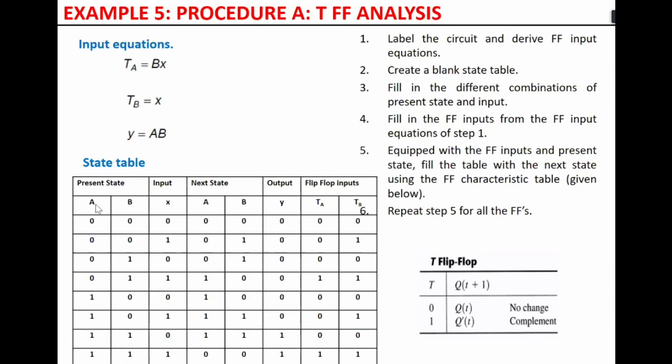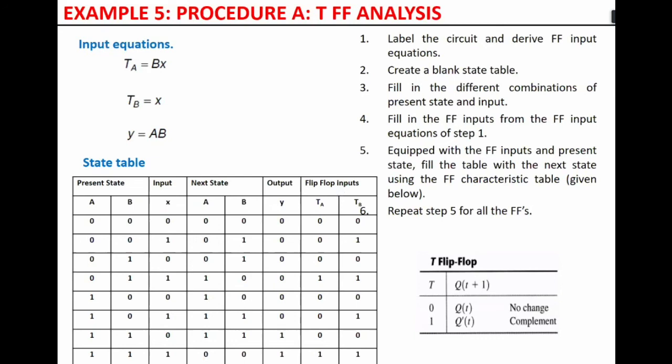Okay, so now you've got all the combinations of 0 and 1 for A, B, and X. Your question is, where do we get the next state? From this A, B, and X, using these equations, you will get Y, TA, and TB. Having used the equations, you get the output and flip-flop inputs.